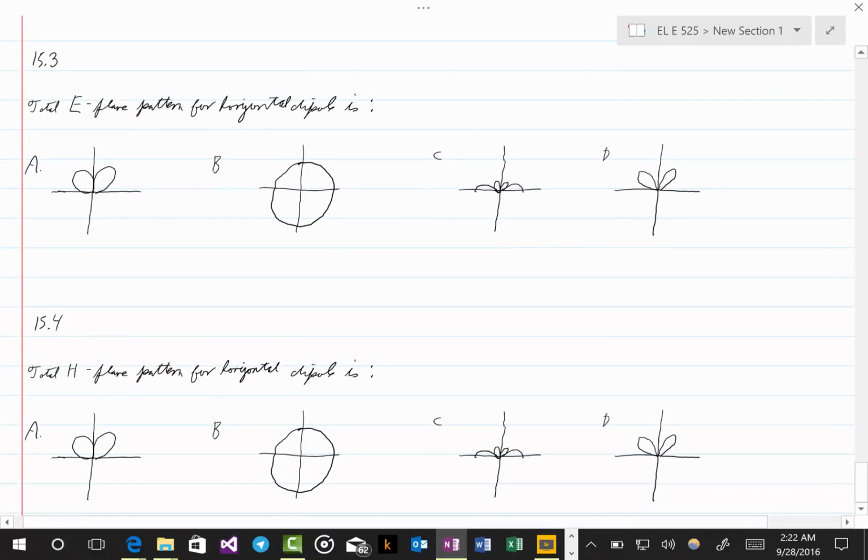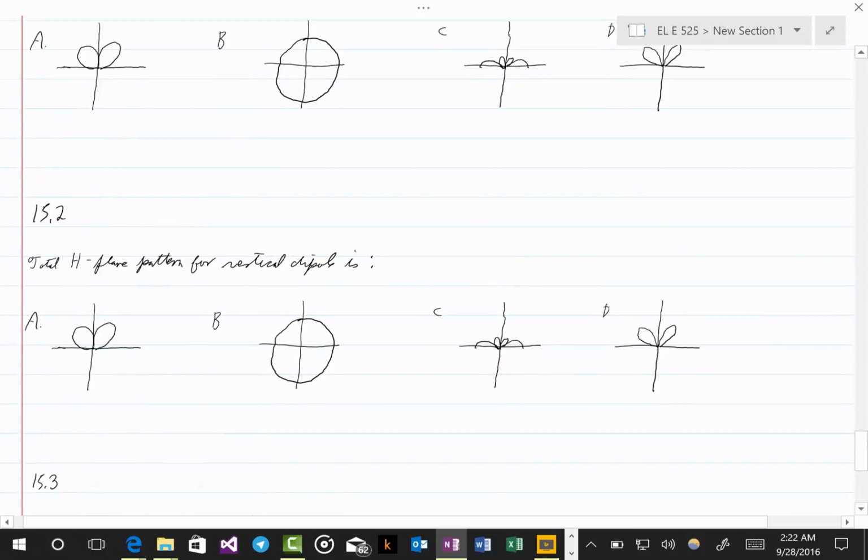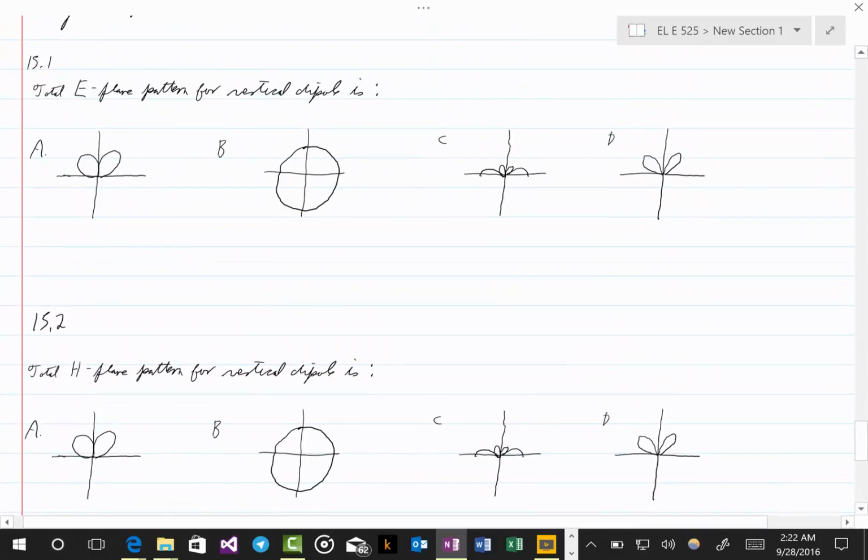And in 15.4, you want the H-plane pattern for a horizontal dipole that is half a wavelength above the ground plane. And the four choices for the patterns that you're given in each case are all the same.